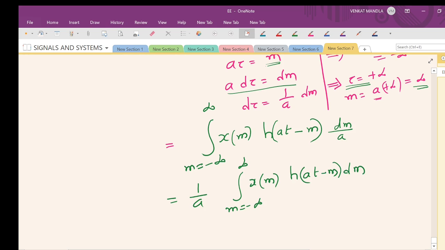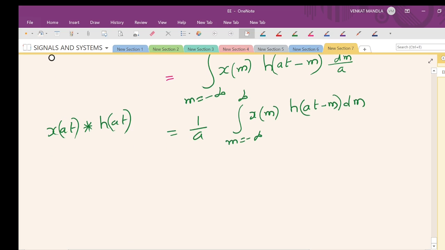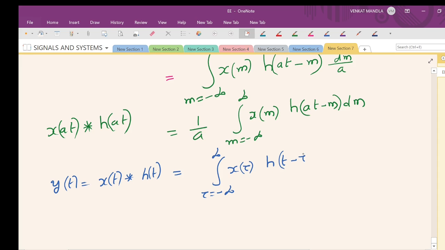This is the convolution of x of a t and h of a t. But what we know, let's say y of t equals x of t convolution with h of t, that is, integral tau equal to minus infinity to plus infinity x of tau h of t minus tau d tau.